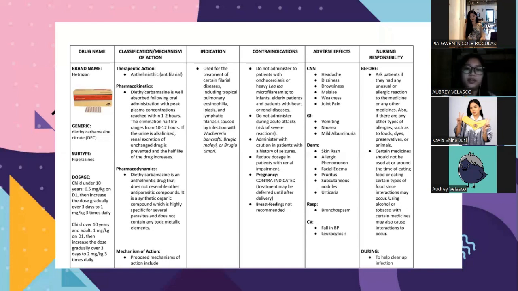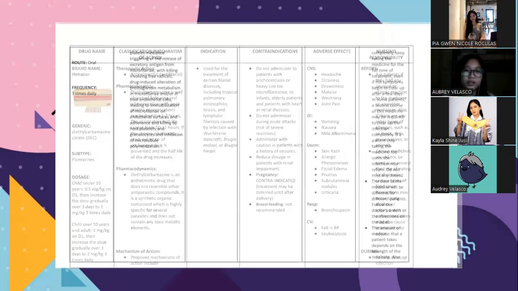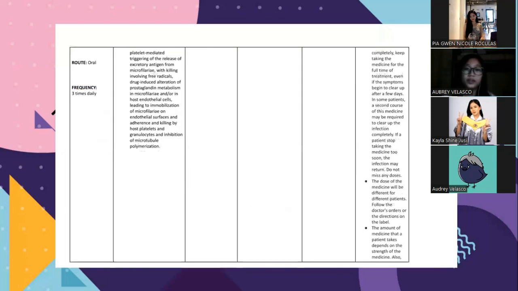For over 10 years old, child and adult, we usually give 1 milligram per kilogram on day 1 and then increase the dose over 3 days to 2 milligrams per kilogram 3 times daily. So that will be the frequency as well. The route is oral, per OS, and the frequency is 3 times daily.